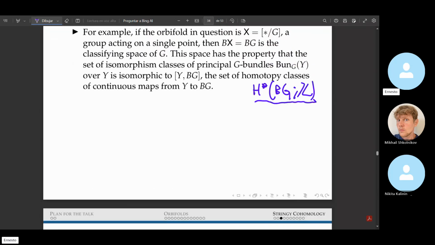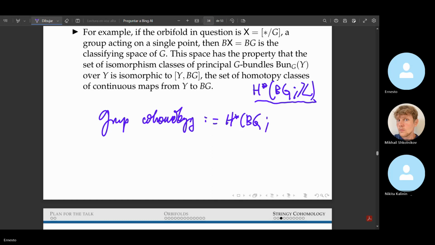Group cohomology, maybe I should say this, group cohomology or homology is by definition this. But of course, an algebraist will not tell you this definition.